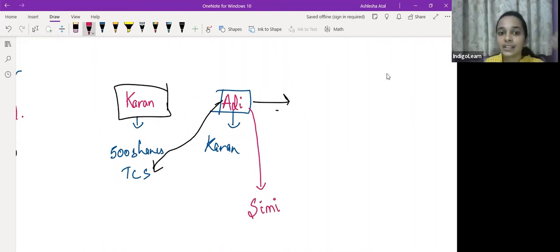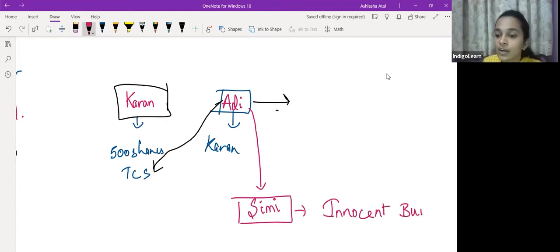So what did Adi do? He made a forged transfer and sold these shares further to his friend. He sold the shares to Simi. And Simi is an innocent buyer. She has purchased the shares from Adi in good faith. She is not aware of any such wrongdoing which Adi has done. She is not aware of any such forged transfer. She has bought the shares in good faith.